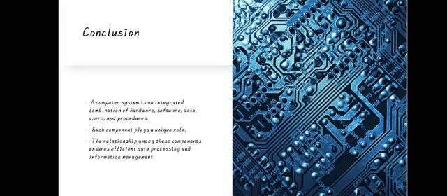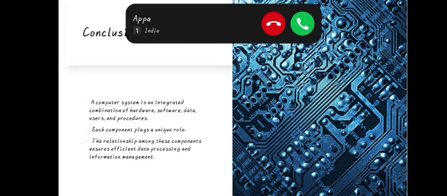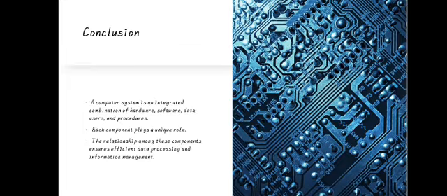A computer system is an integrated combination of hardware, software, data, users, and procedures. Each component plays a unique role. The relationship among these components ensures efficient data processing and information management.